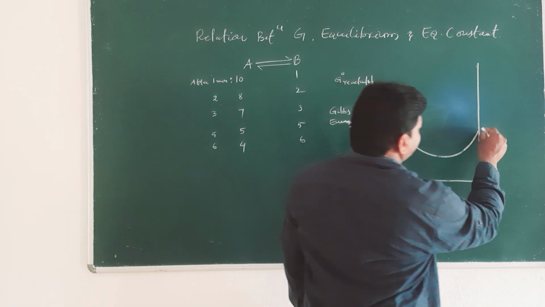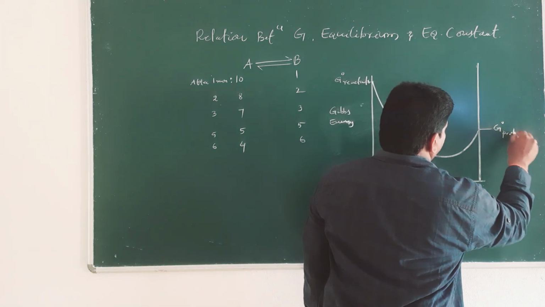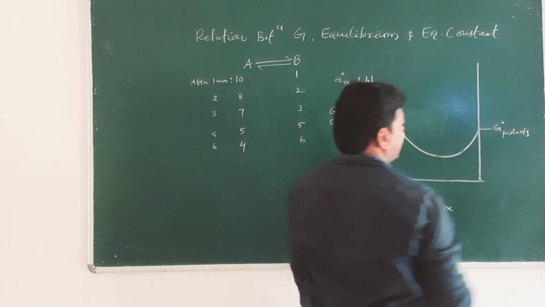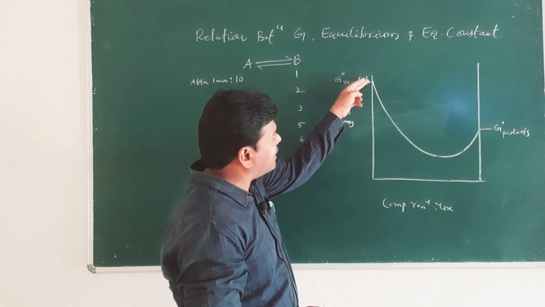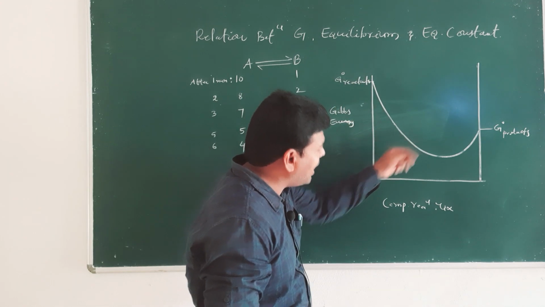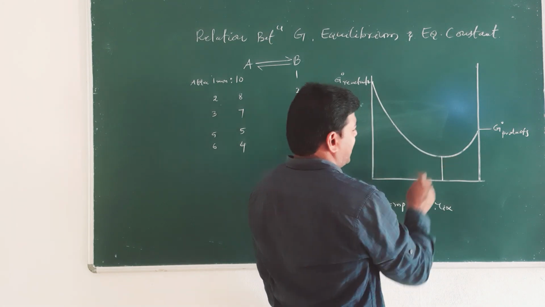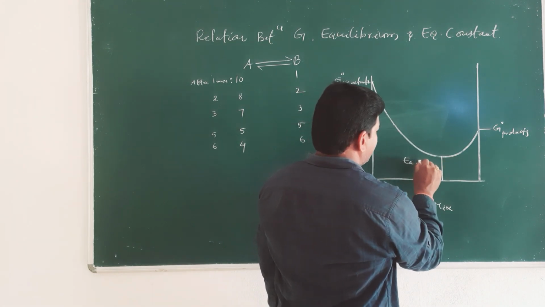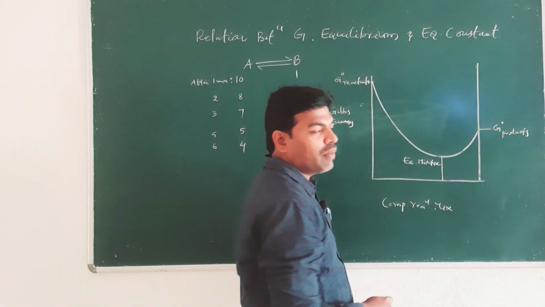This is the standard Gibbs energy of the products. With the progress of the reaction, the Gibbs free energy decreases and reaches a minimum Gibbs energy at the equilibrium mixture, at equilibrium composition.